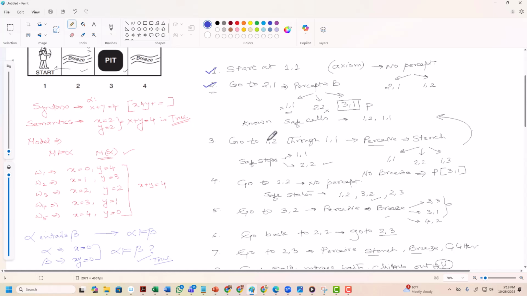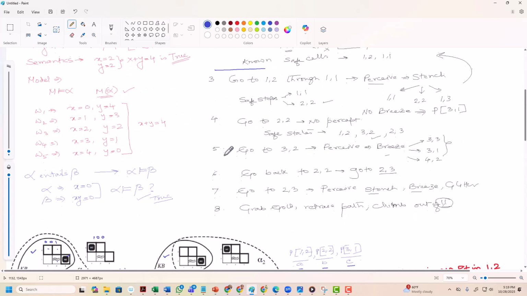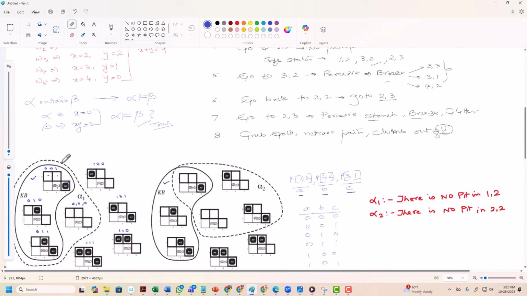Unless it goes to the next stages, it does not know the other knowledge. So the knowledge base has to agree with the current percept or the current knowledge of the agent, and that's why the knowledge base is only satisfied in these 3 models, not in the other models.